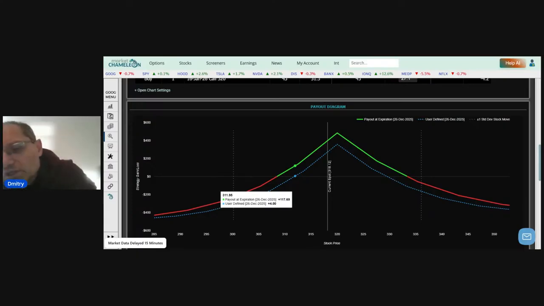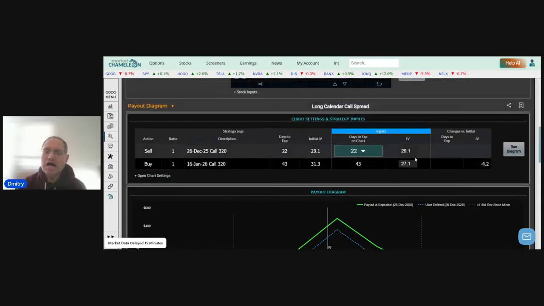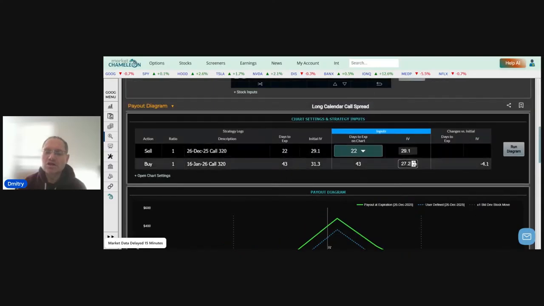So what we did here was look at a potential calendar spread. And we're running potential risk and rewards. What is our potential reward versus our risks, in the tails here. And I could run different scenarios now.